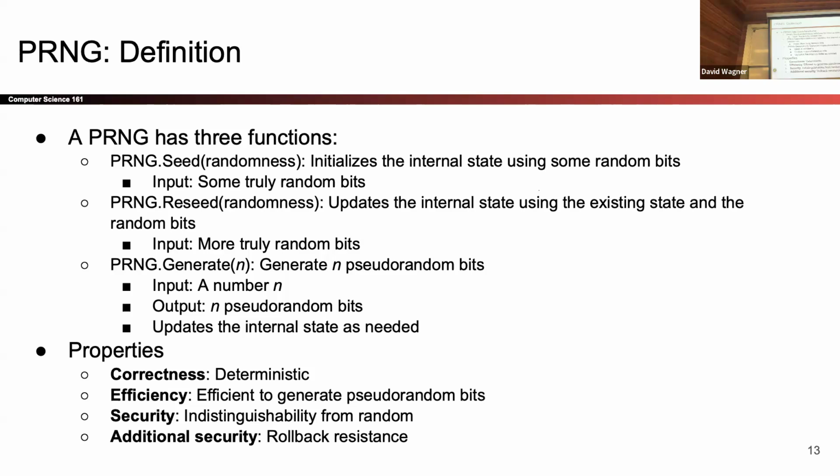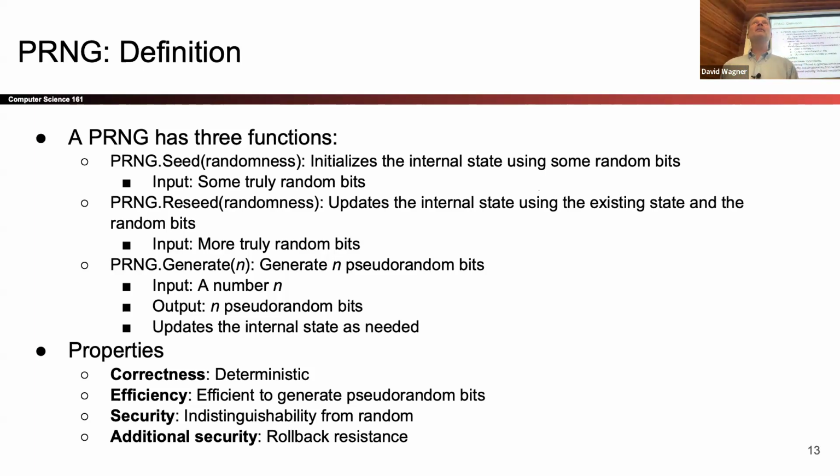So this is kind of like a hedge. What if the first seed that I set, I thought it had enough entropy, but it actually didn't, unbeknownst to me. And then later, like once a minute, I call reseed with some additional random numbers. Eventually, I'm going to have enough randomness from all those reseed calls, then I'm going to have enough entropy, and then I'll be okay after that.